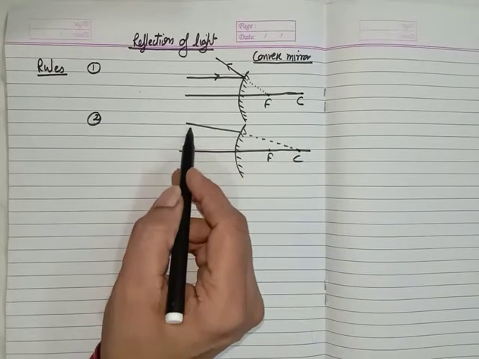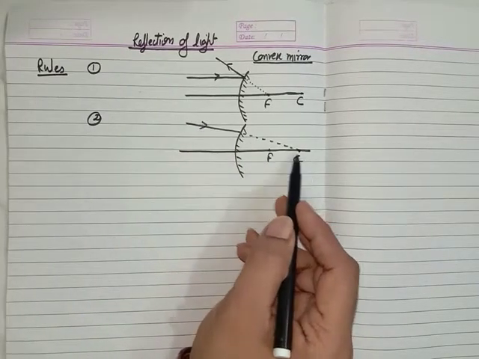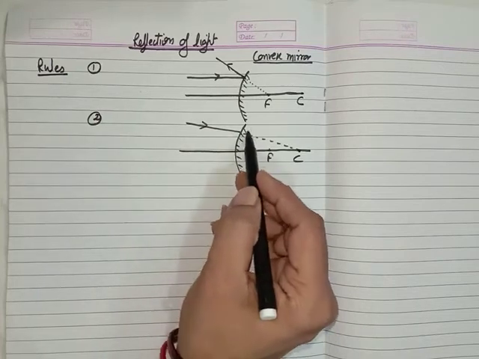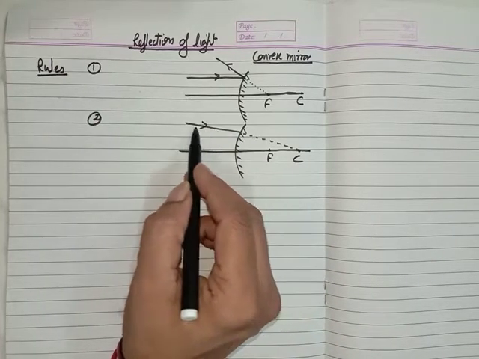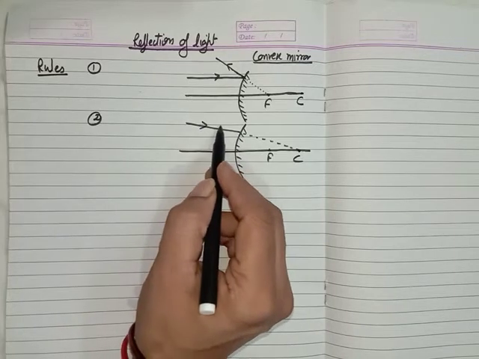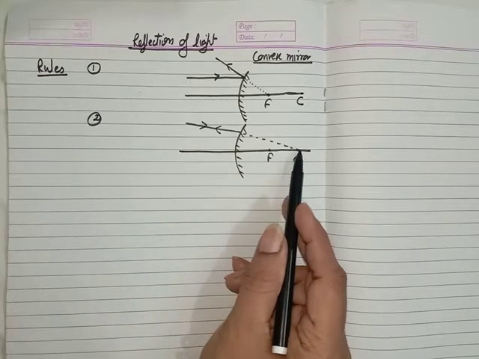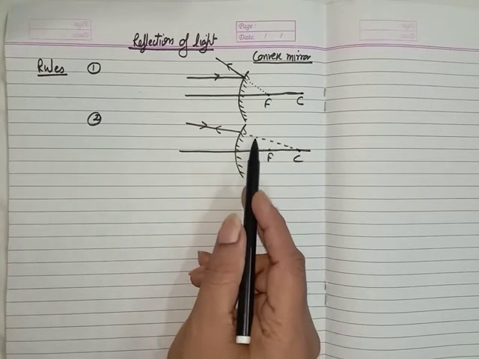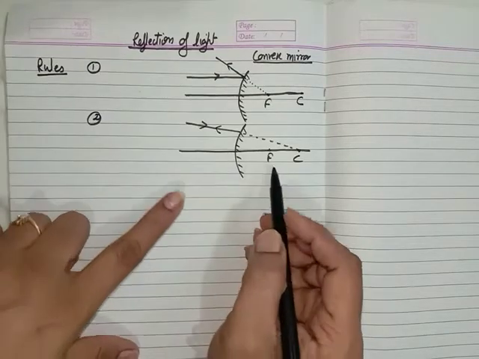But we can imagine that the light ray which is coming towards the center of curvature, after reflection from this mirror, will be reflected. The pathway on which this light is reflected is the same. It means the light ray which is coming towards the center of curvature is reflected along the same path. Okay, this is the second rule.